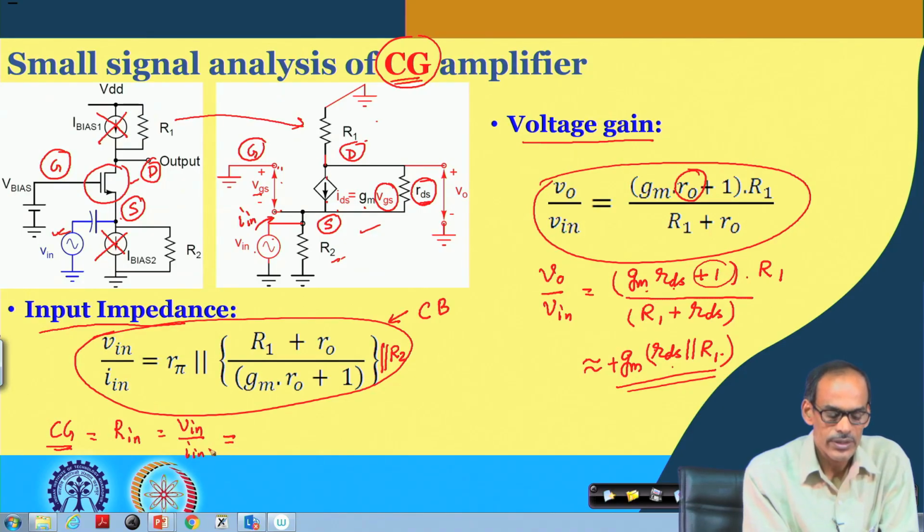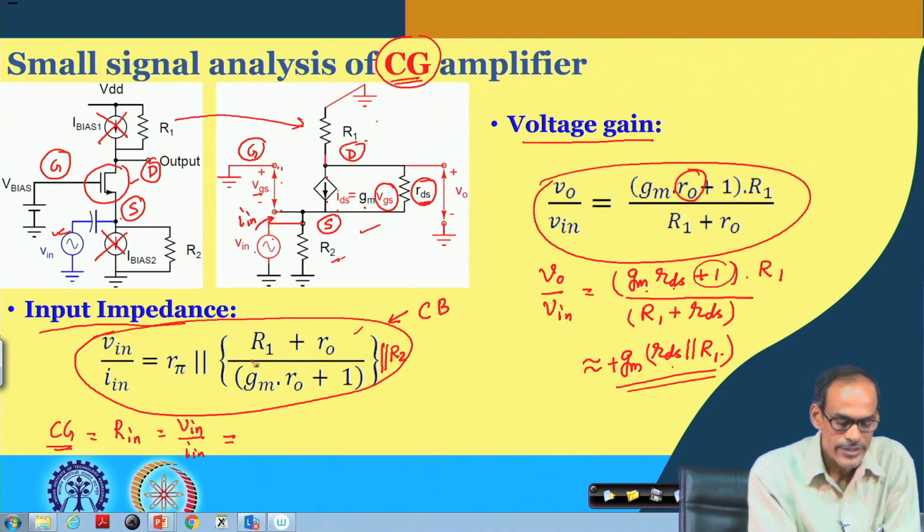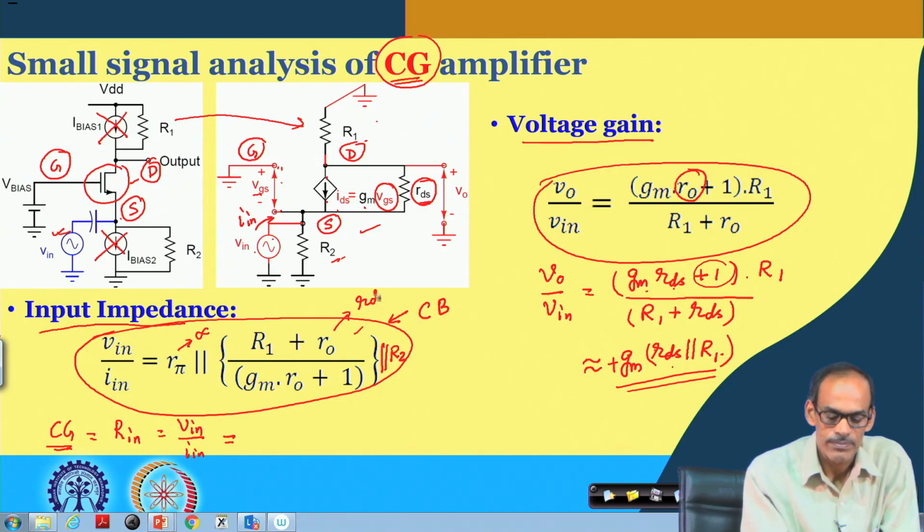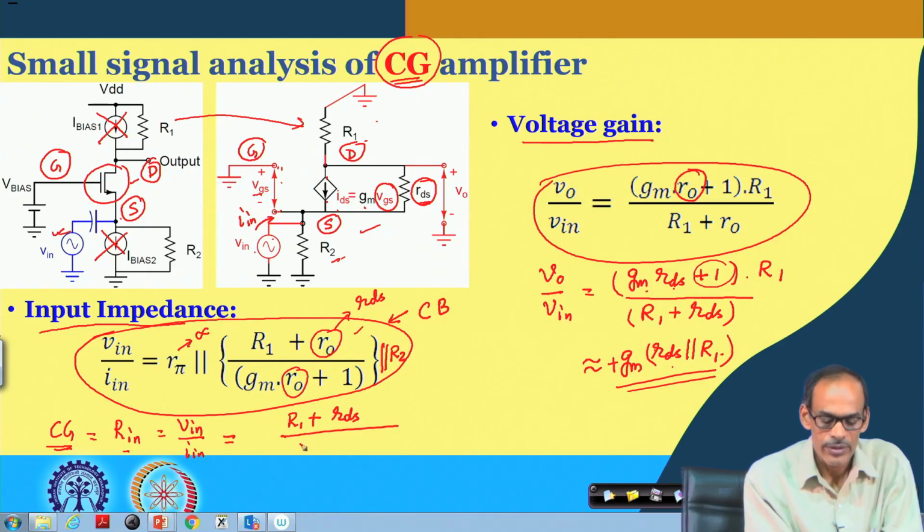This ratio can be obtained from the same analysis we have done, except we have to make this infinite, and we have to make this RDS. So, this is RDS and this is also RDS. That gives us the input resistance expression. It is R1 plus RDS divided by Gm into RDS plus 1, in parallel with R2.